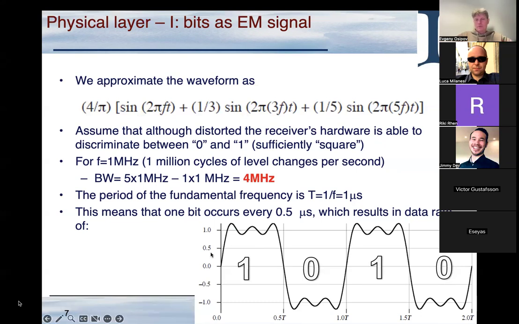I will not lecture you on this part. This is a very simplified, more or less naive way of encoding digital information into physical form: just creating a square wave. And a square wave can be created as a combination of sinusoids. In this example, we can see the fundamental relationships between different frequencies and signal bandwidth.